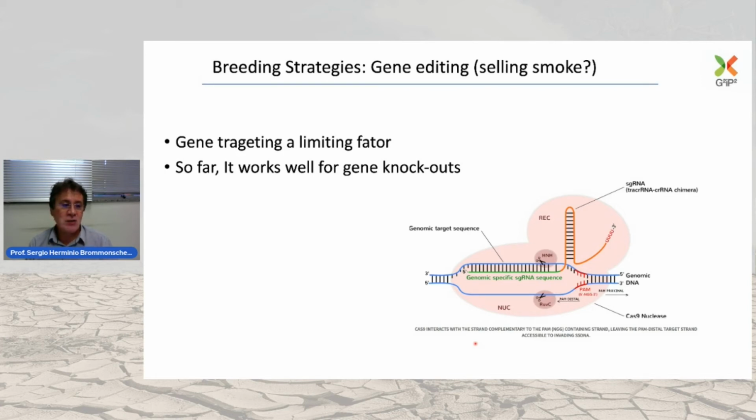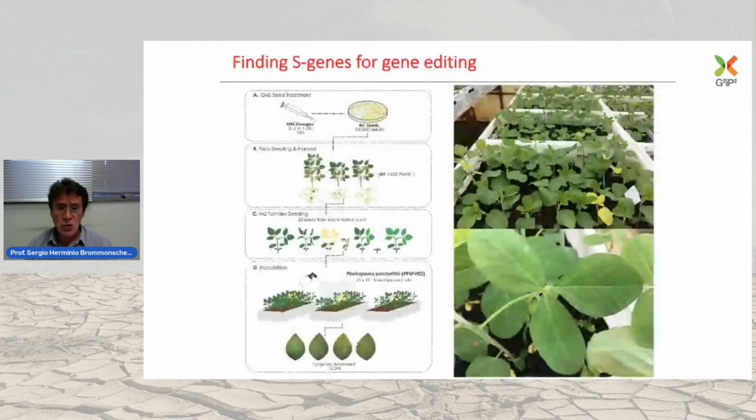So far, gene targeting is a limiting factor when you try to replace a susceptible allele by a resistant allele. So far, it works only for gene knockouts. It means that we can use this technique to knock out some gene. If the gene is important for Phacops infection, by mutating this gene, we can get some resistance. So we are looking for targets.